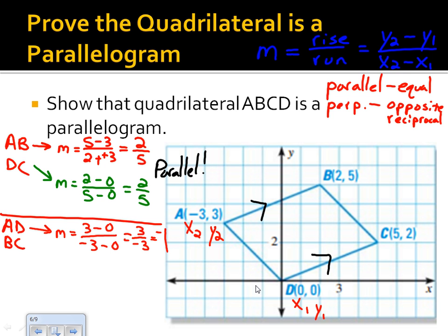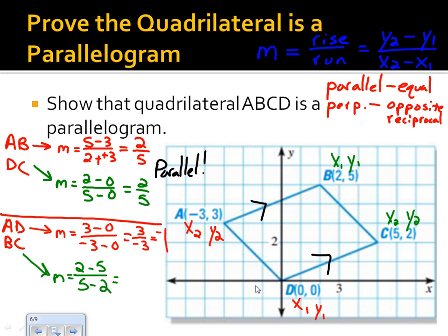And then the last one, I'll do it in green again. We'll call this x1, y1. And what are these going to be? X2, Y2. So BC then, slope is, what's Y2 minus Y1 over 5 minus 2, 2 minus 5?